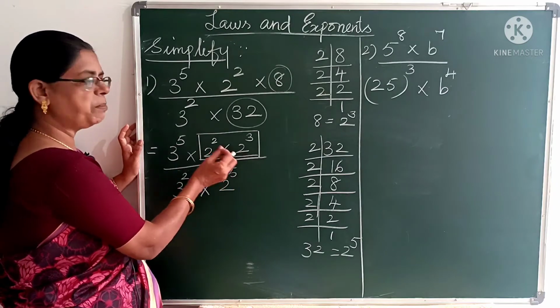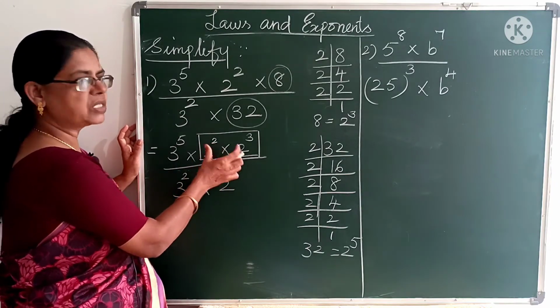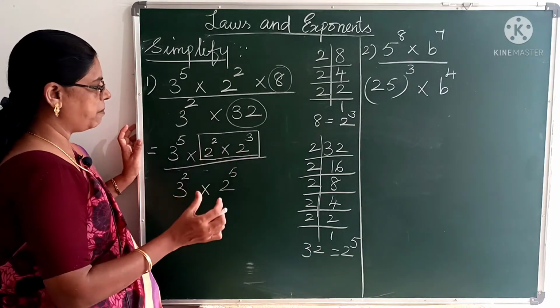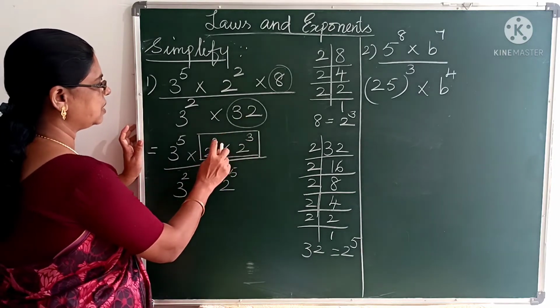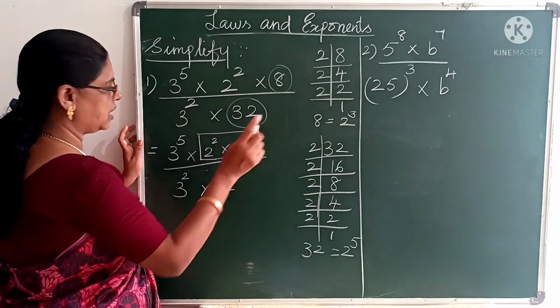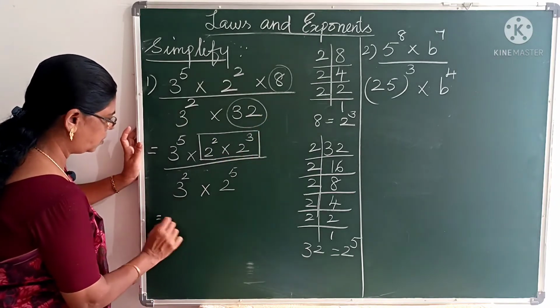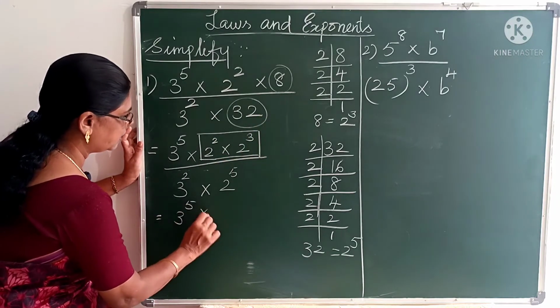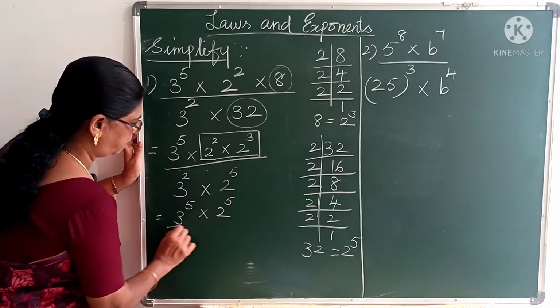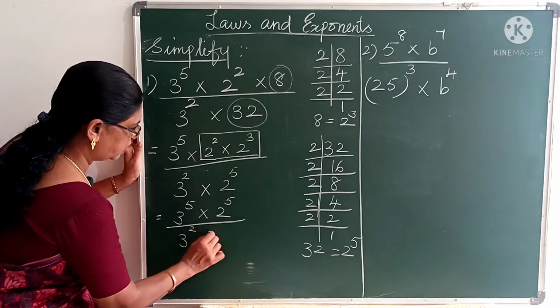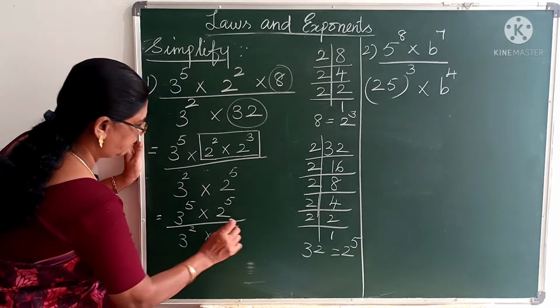So you can simplify this one. In multiplication, what will you do? Take the same base and add the powers. So 2 plus 3 is equal to 5. So 3 power 5 into 2 power 5 upon 3 square into 2 power 5.